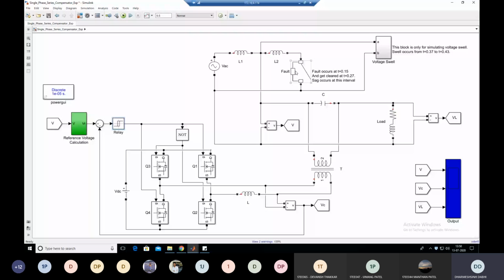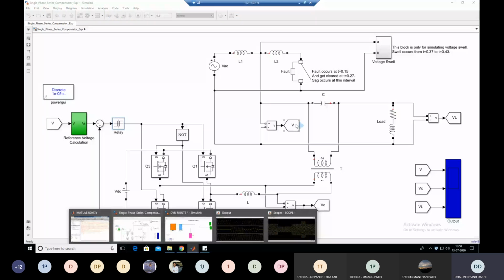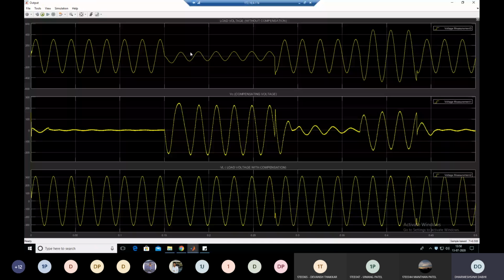Clear? Because we short circuit the load. So that's why this voltage is reduced here, because that bypasses the load. So you can observe that the load voltage is reduced below its rated voltage, or we can say below the supply voltage. So this is a condition of voltage sag in the duration 0.15 to 0.27 second.